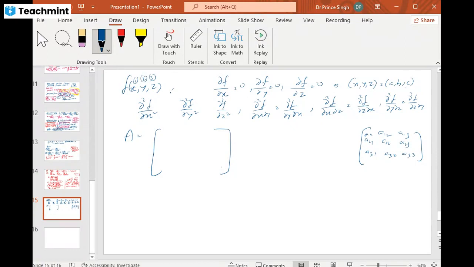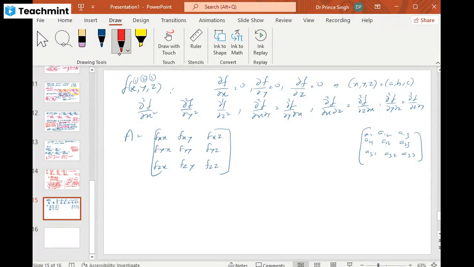So A11 means fxx, A12 is fxy, A13 is fxz, A21 is fyx, A22 is fyy, A23 is fyz, A31 is fzx, A32 is fzy, A33 is fzz.